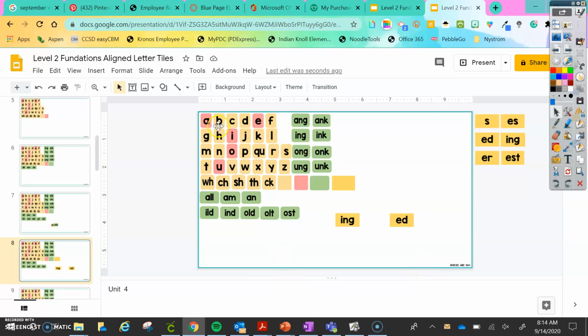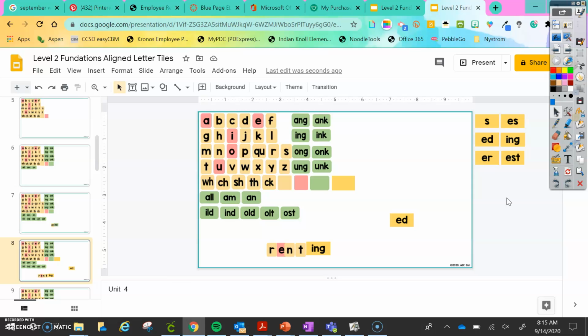So let's try spelling out this word. All right, and remember, we don't tap out our suffix because we already know that that suffix is ing. So let's tap out our root word.